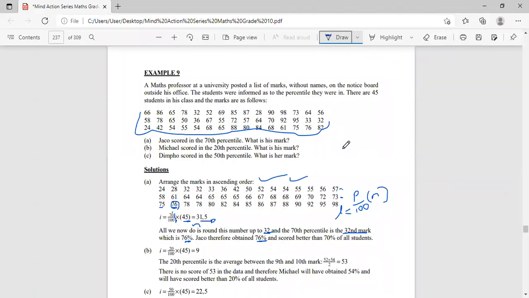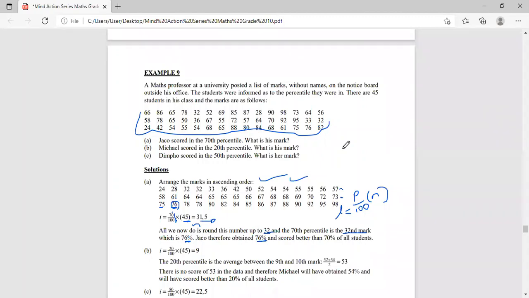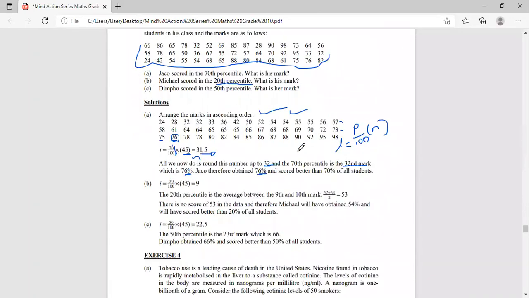Sharp. So I'll look at number 2 because it's a similar question. Number 2 says Michael scored in the 20th percentile. Meaning if I'm in the 20th percentile, what is my mark? Step number 1, put it in ascending order. Step number 2, the percentile is 20, so we substitute 20. So I get that it's in the 9th position.